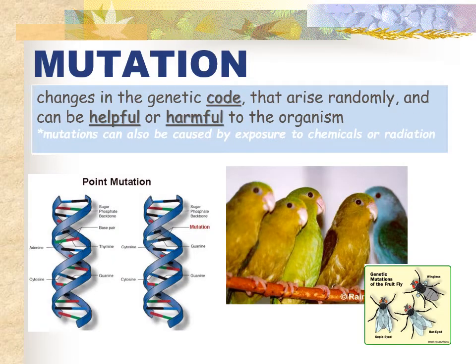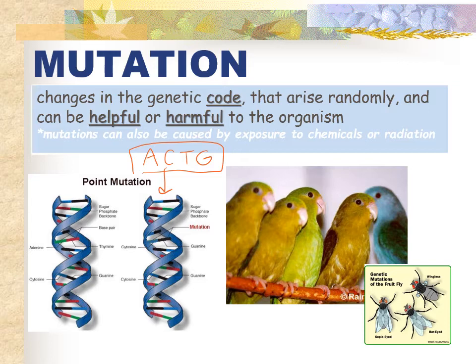Back to mutation. Mutation is just a change in the genetic code. We know that the middle part of the DNA ladder is made up of those letters A, C, T, and G. And when DNA gets copied, sometimes the bases get paired incorrectly, or something gets deleted, or something gets added in extra that shouldn't be there.